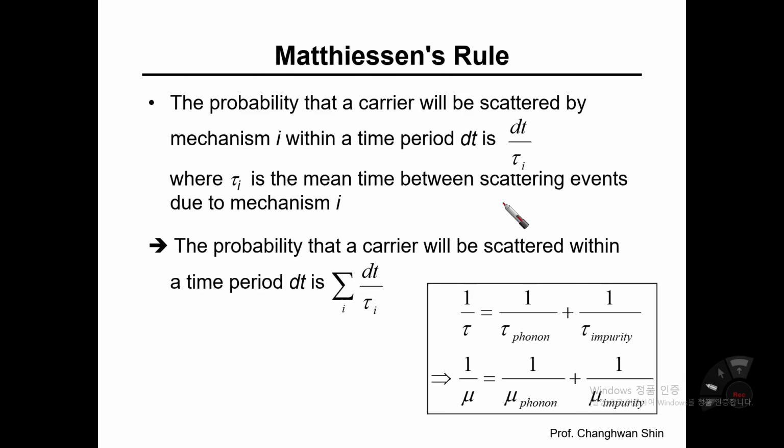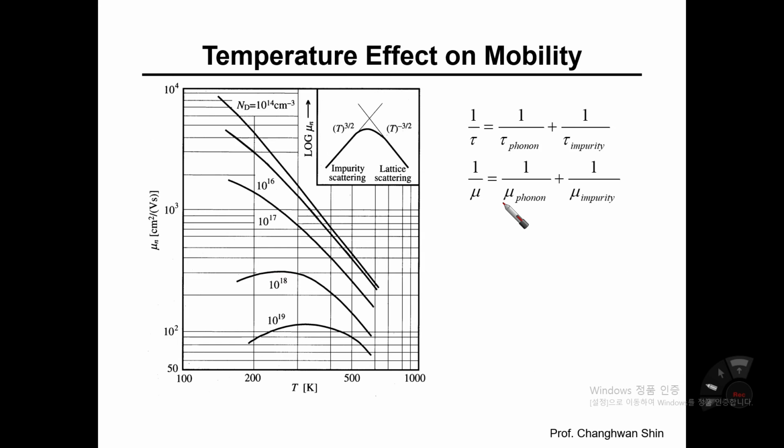Okay, so let's do this plot first. Here in the inset, you can see mobility versus temperature. You can see the T to the minus 3/2 region and the T to the plus 3/2 region.